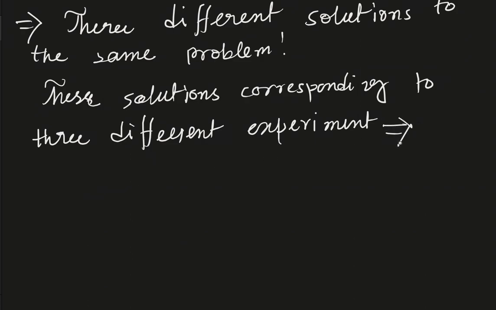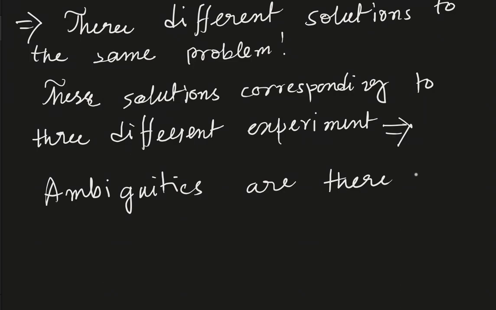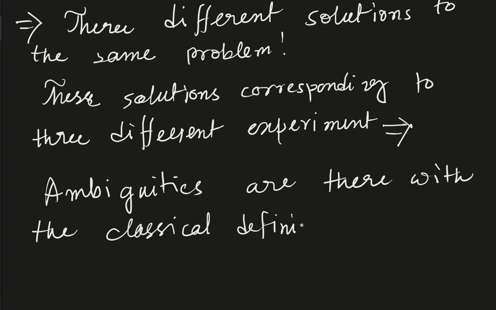These are the results from three different experiments, but there is no way from the classical definition of probability to extract that information. That means the main ambiguities are there with the classical definition of the probability.